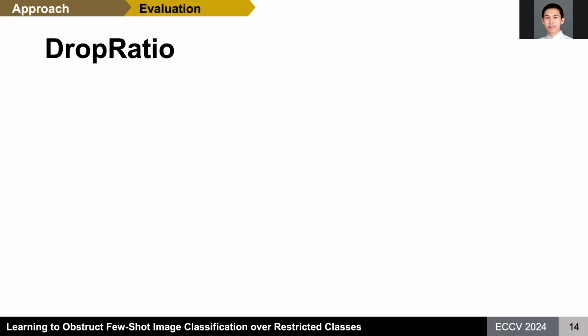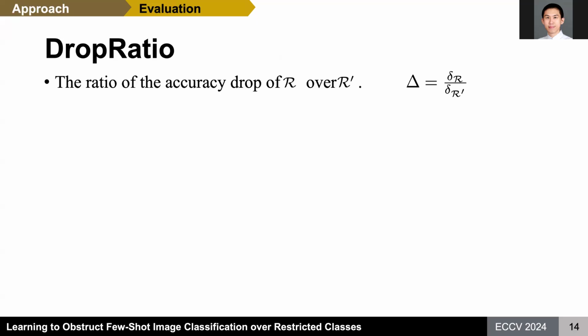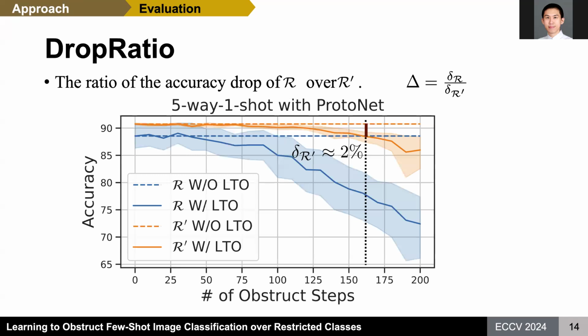To evaluate how well our algorithm performs, we propose drop ratio as an evaluation metric. It is a ratio of accuracy drop of restricted classes R over other classes R prime. A higher drop ratio indicates a more effective obstruction.